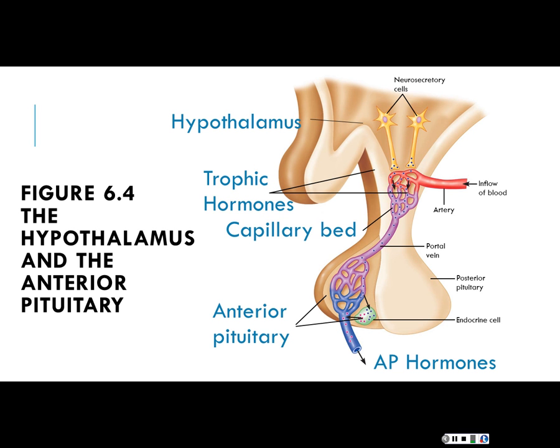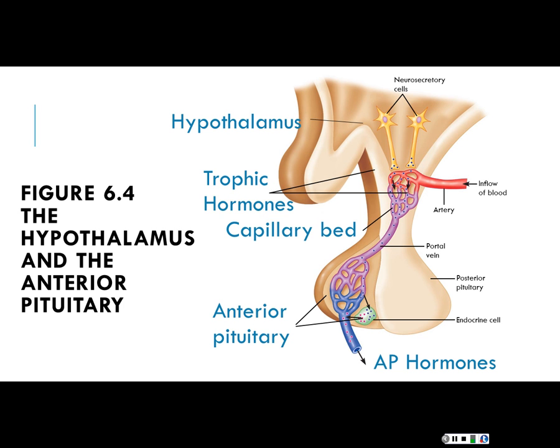Anterior pituitary is made up of what type of tissue? What's not in here? There are no nerves. Right? And we've got epithelial, our endocrine cells in here. And I would just say endocrine glands. Anterior pituitary is glandular.